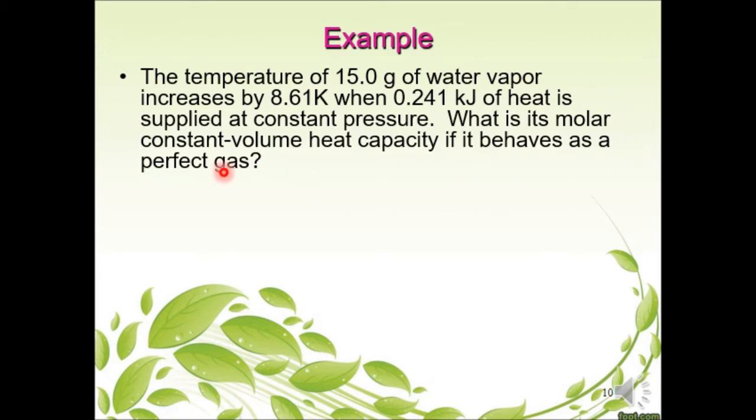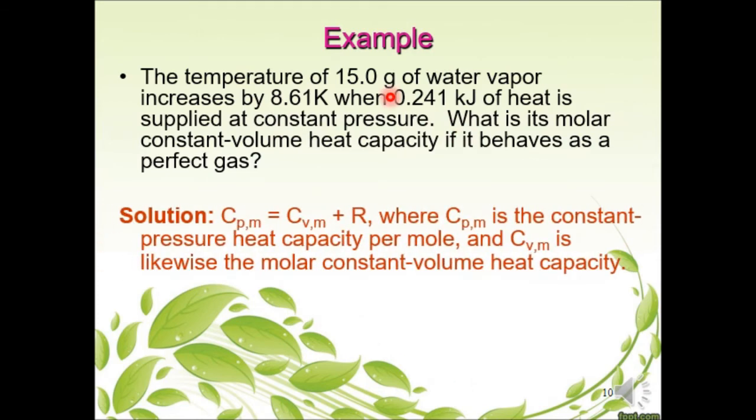What is being asked here is to find Cv, and you are given Q at Cp. So first of all, write the relationship between Cp and Cv, where Cp is equivalent to Cv plus R. Given 15 gram of water vapor, using its molar mass we find the mole, which is 0.833 mole.